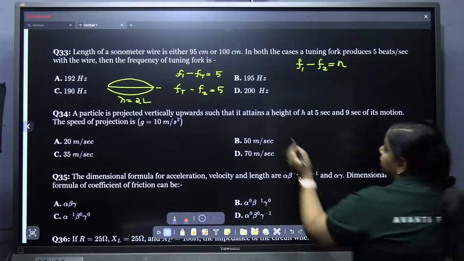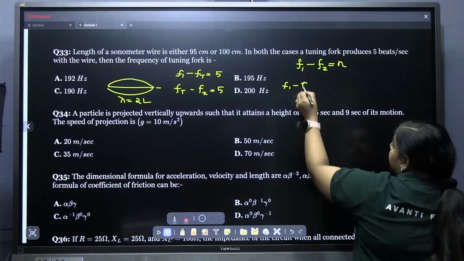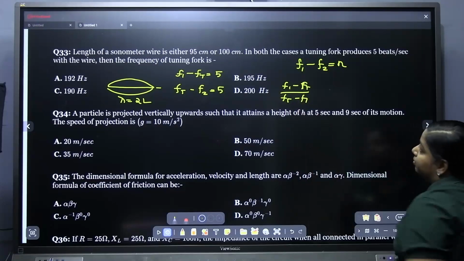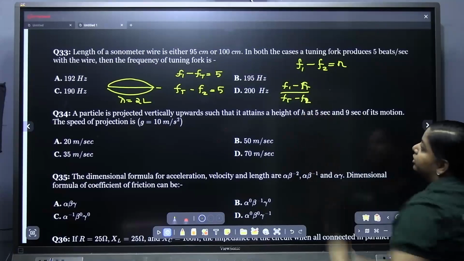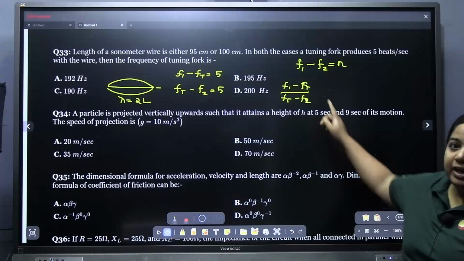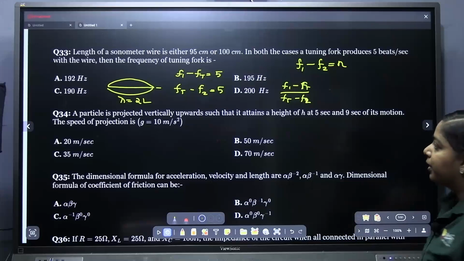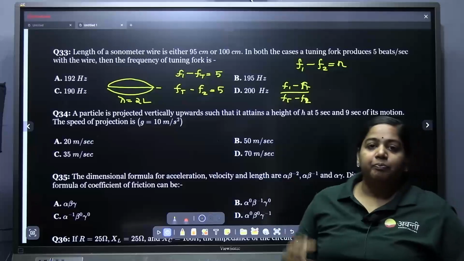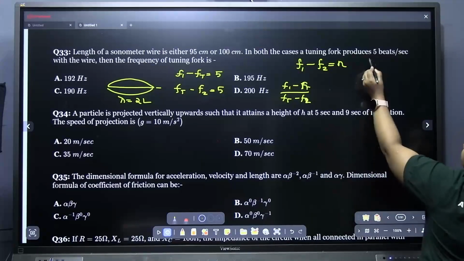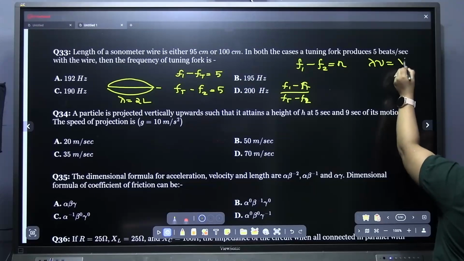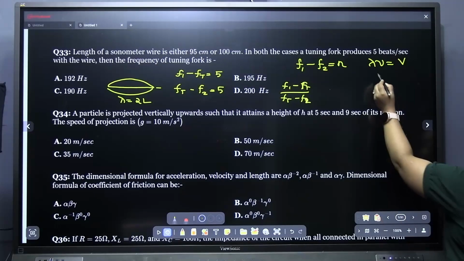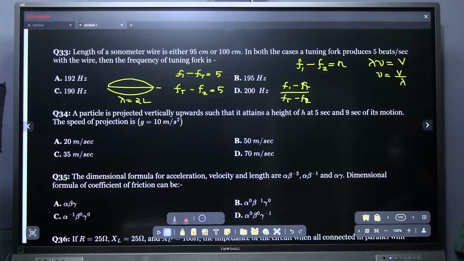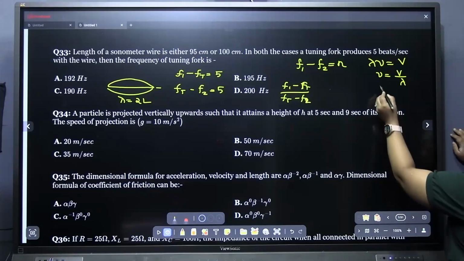So you can take the ratio f1 minus ft divided by ft minus f2. We have to find the frequency of the tuning fork, and lambda equals 2L. From this we can get the relation for frequency also, right? Because frequency times lambda is equal to velocity, which means frequency should be equal to v by lambda.